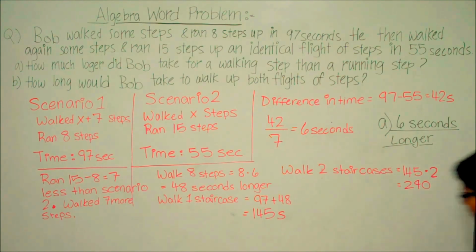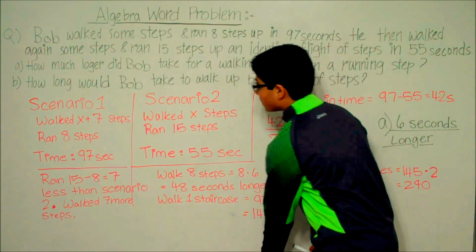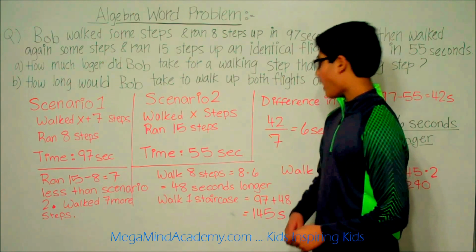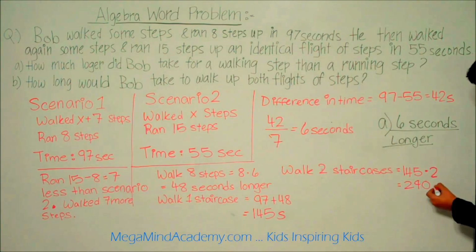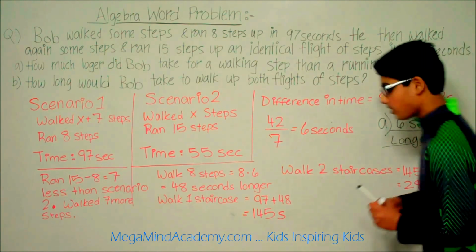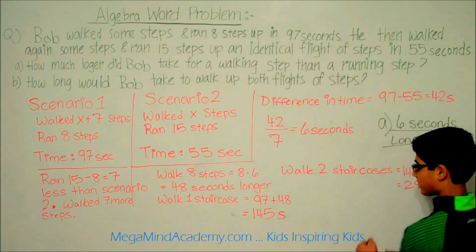So the answer to question B, which is how long would Bob take to walk up both flights of steps, is Bob would take 290 seconds.